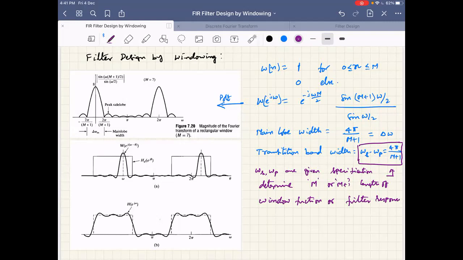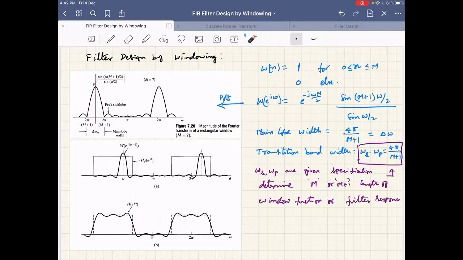Another important aspect to discuss here is that for a rectangular window, if I increase M, the filter becomes wider in the time domain and hence narrower in the frequency domain. Because of that, 4 pi by M plus 1 will become smaller and hence the transition band gets reduced.